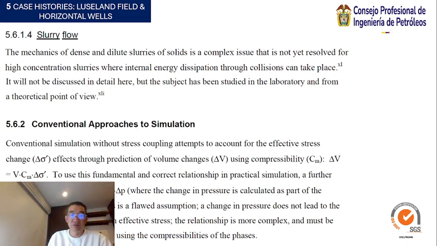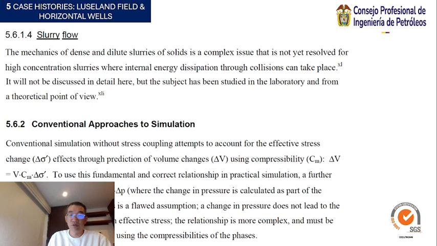To use this fundamental and correct relationship in reservoir simulation, a further assumption is made that delta sigma equals minus delta P, where the change in pressure is calculated as part of the mathematical simulation.